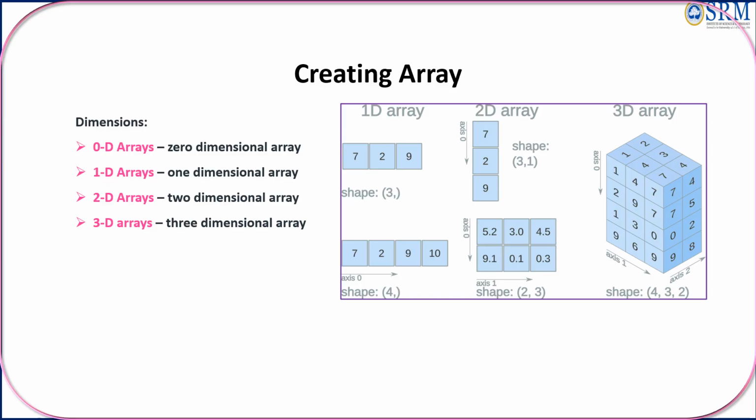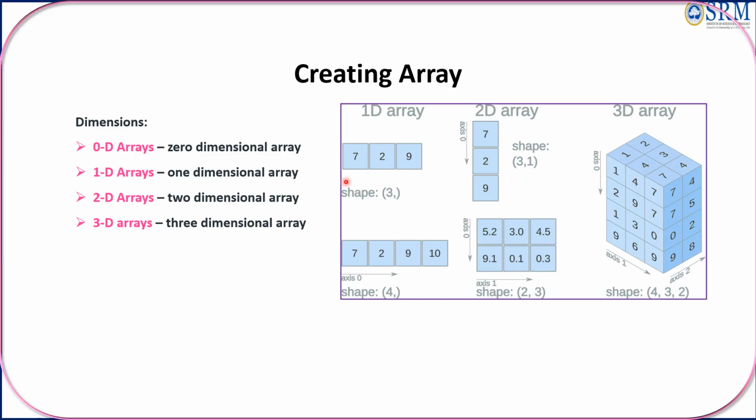So when we create an array, the array dimensions can be 0, 1, 2 or 3. It can be a 0-dimensional array, 1-dimensional array, 2-dimensional or a 3-dimensional array. If we create an array of only one value or one element, then that comes under the 0-dimensional array.